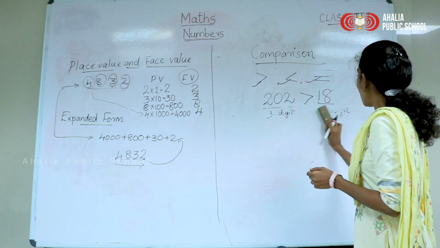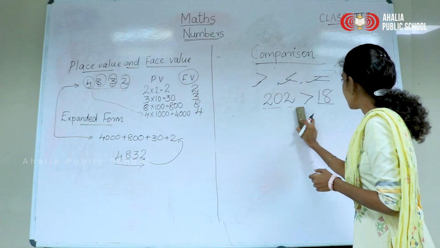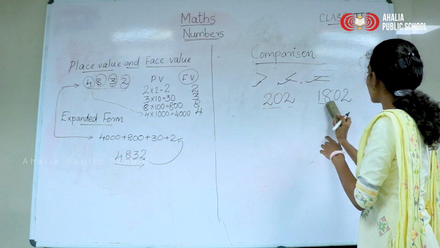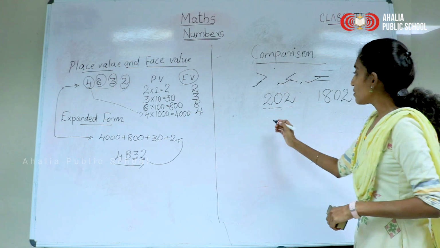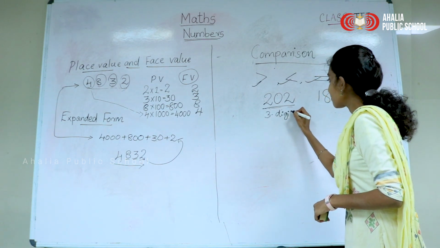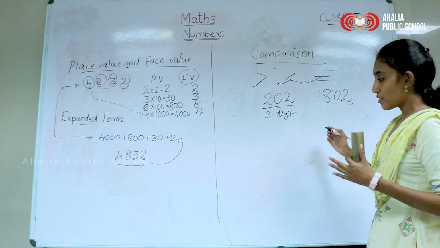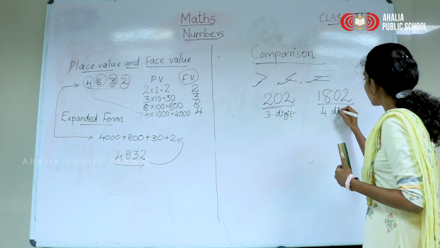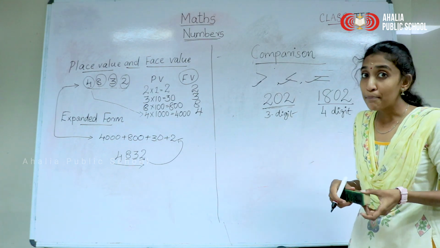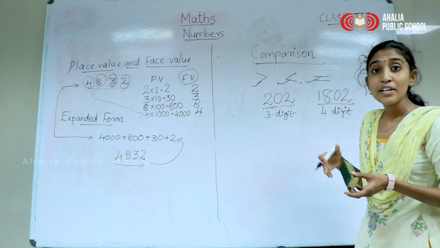Now, have a look at this question. This is a 3-digit number again, and this is a 4-digit number. How will we compare this? We will be comparing the number of digits.